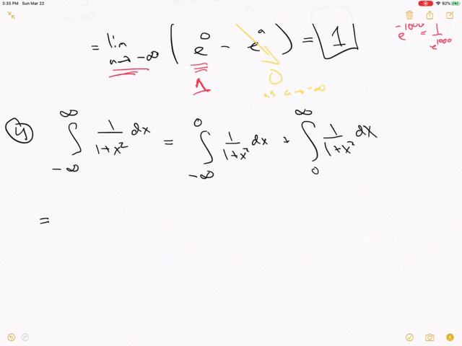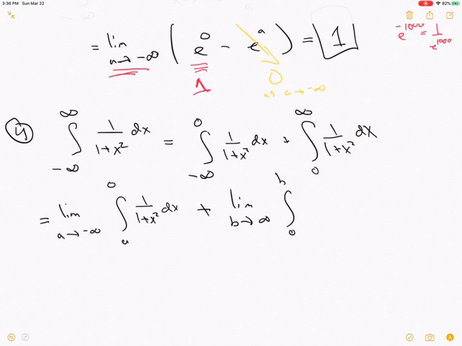two integrals requires taking a limit, so here we'd like to do the limit as a goes to negative infinity, integral from a to 0 of 1 over 1 plus x squared dx, plus, for the second integral, we'll take the limit as b goes to positive infinity, from 0 to b of 1 over 1 plus x squared dx.